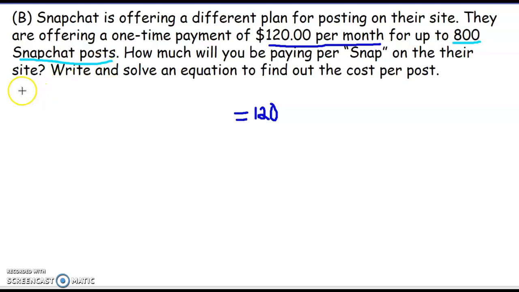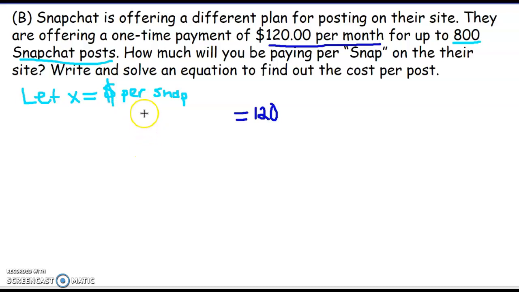So I'm going to go ahead and write let X, because remember, I'm writing an equation, so I should identify my variable, equal the cost. And I'm going to do that with a $ sign. That's the cost per post or per snap. So I'm going to go ahead and write that out. Sorry, I'm writing so slow. You hopefully can do this a little bit faster now that we've been online long enough. And this is a $ sign if you cannot read it.